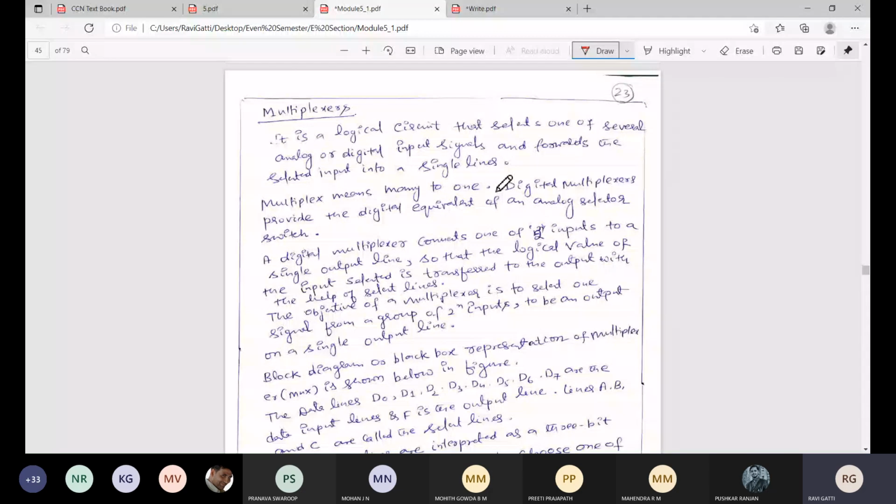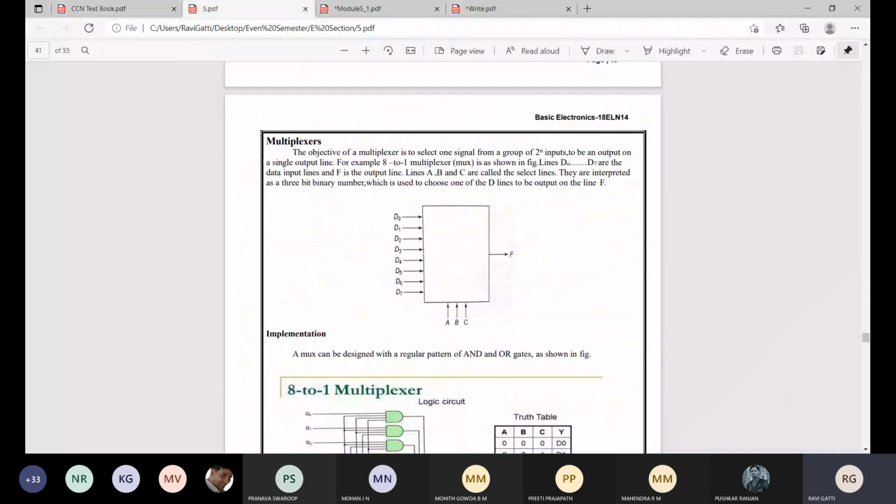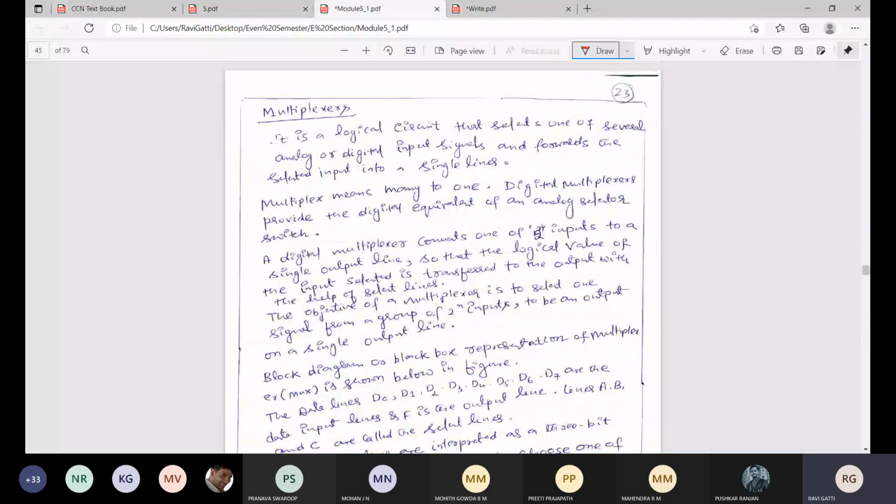Anyone know about this? What do you mean by multiplexer? Yes, anyone? Yes, Sarpita? No, sir. Yes, Naveen?